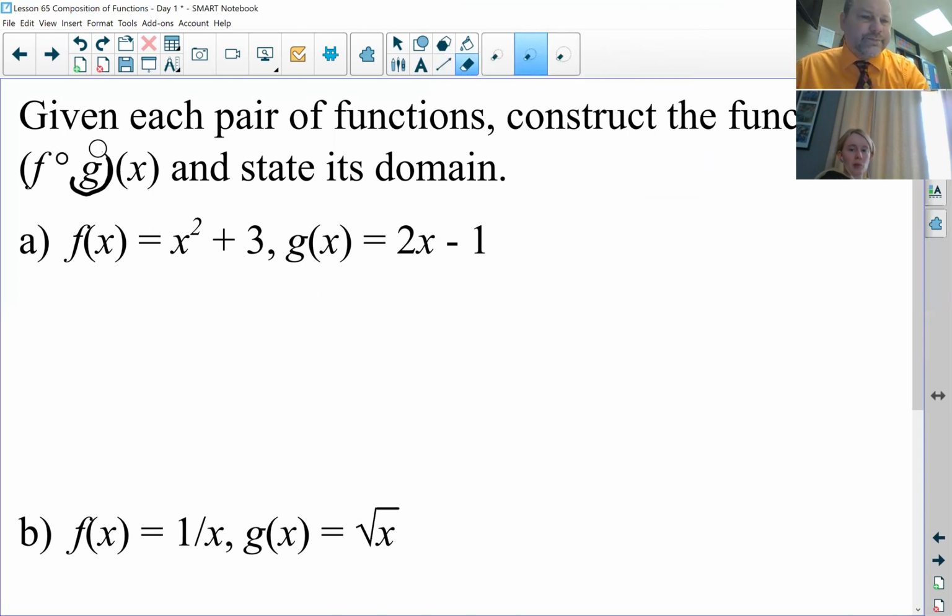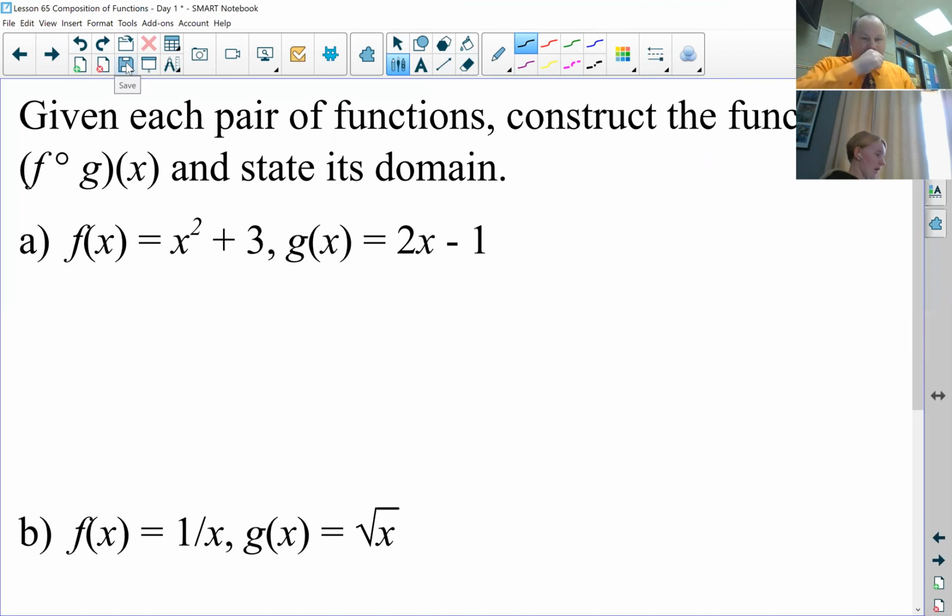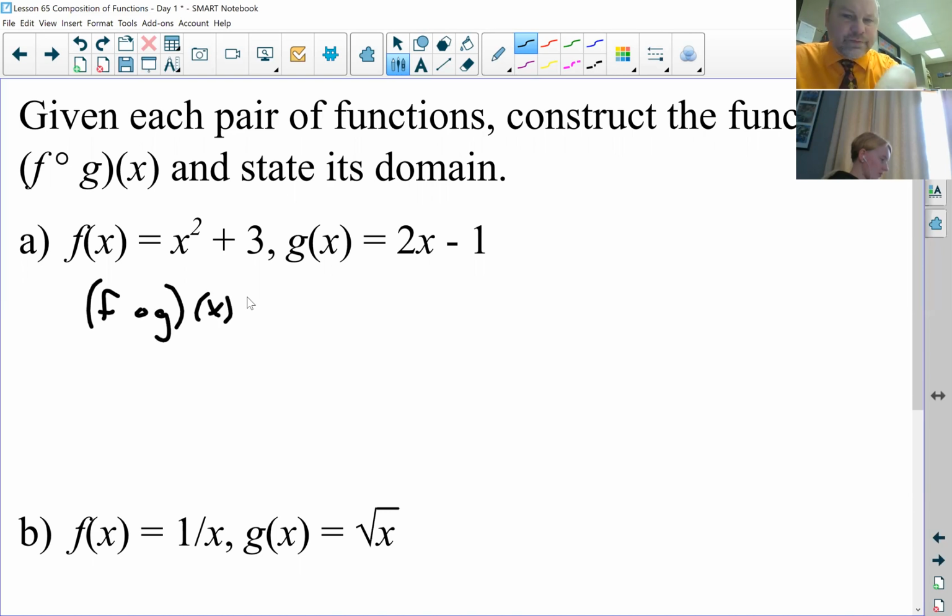All right. So f of g, f circle g of x. Actually, I kind of like that my computer puts it almost like a superscript.